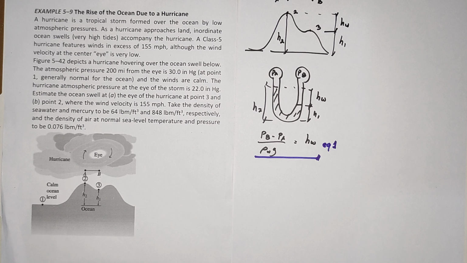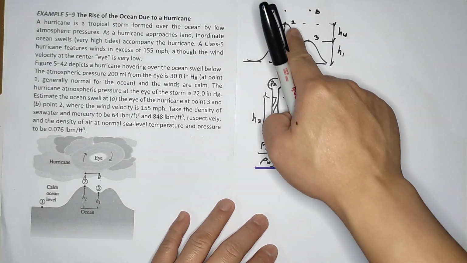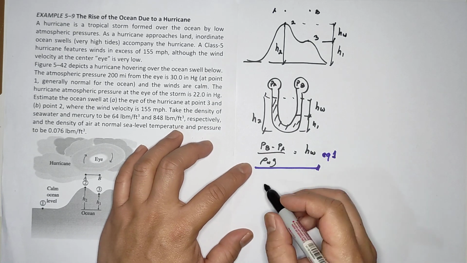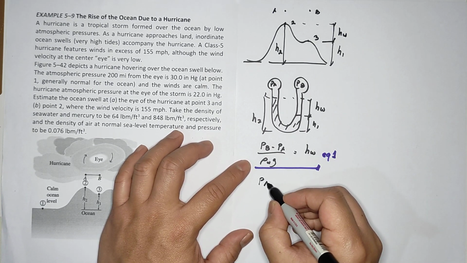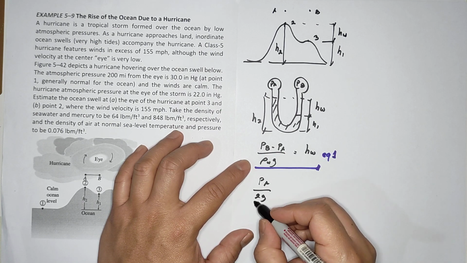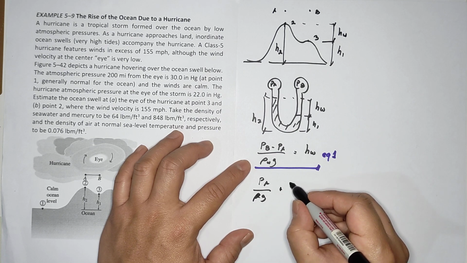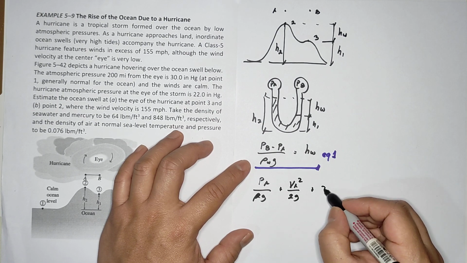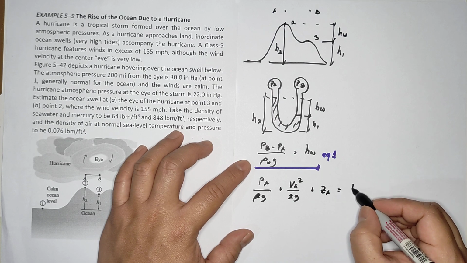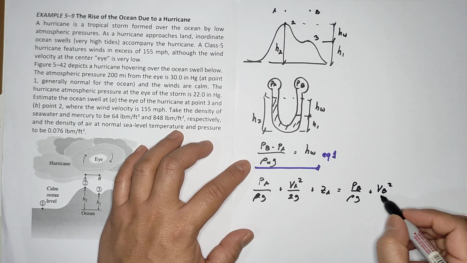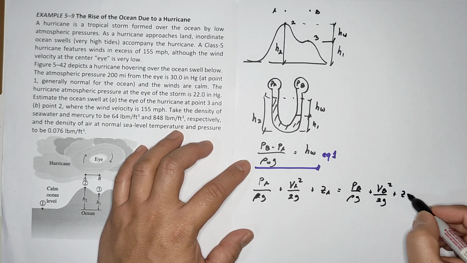Now, another thing we can do is, at point A and B, using the Bernoulli equation, you have PA over rho G plus VA squared over 2G plus ZA equals PB over rho G plus VB squared over 2G plus ZB.